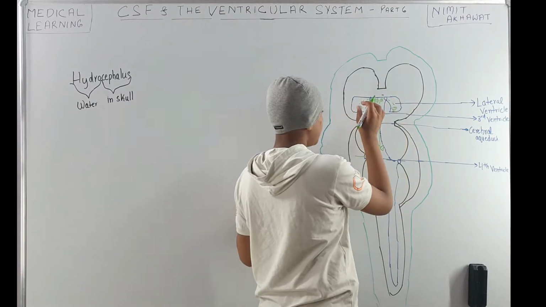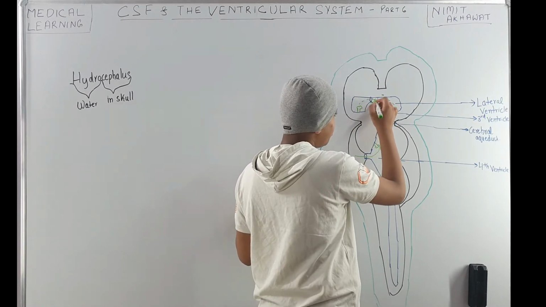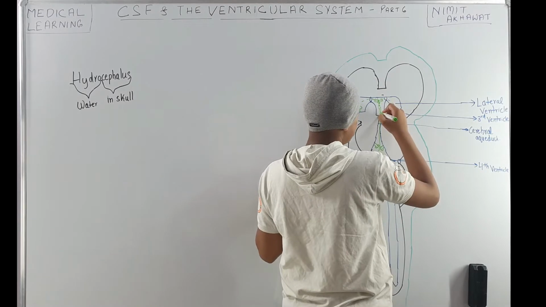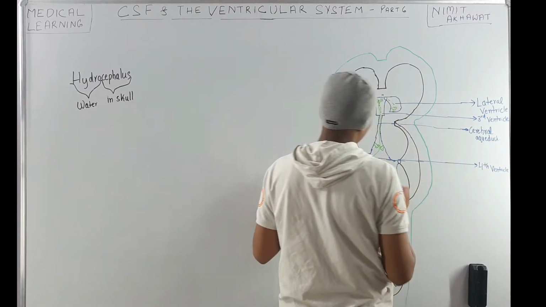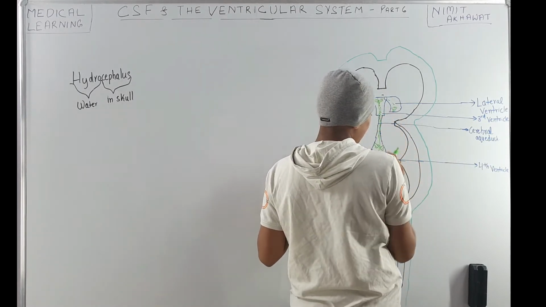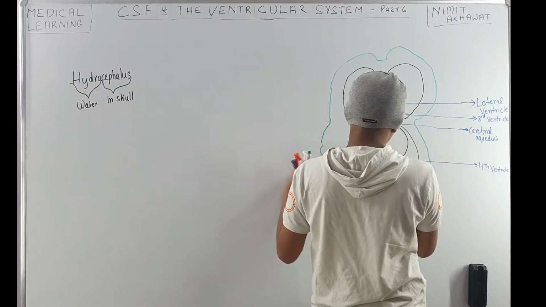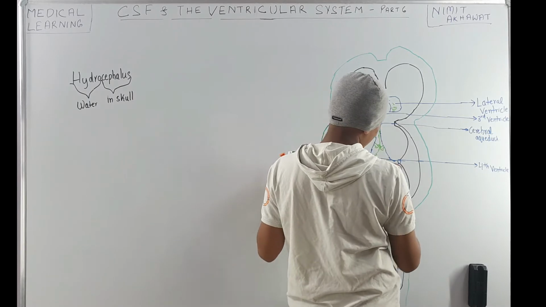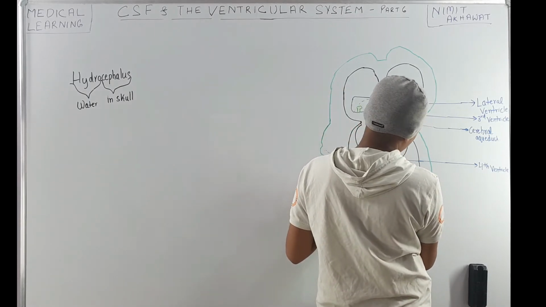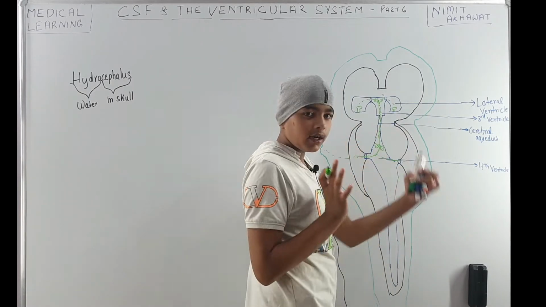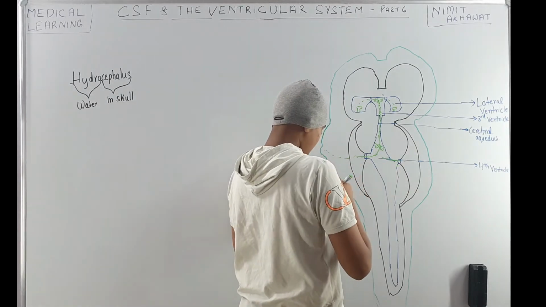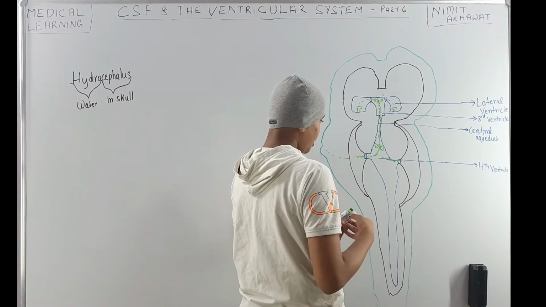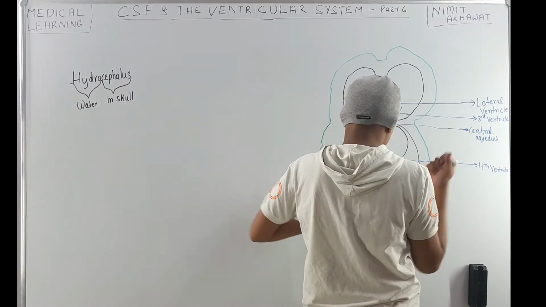The cerebrospinal fluid passing through the foramen of Monro enters the third ventricle. From the third ventricle, it passes through the cerebral aqueduct, and from the cerebral aqueduct, it enters the fourth ventricle. Then it passes through the fourth ventricle and the foramen of Luschka, the lateral foramina of the fourth ventricle, and the foramen of Magendie.